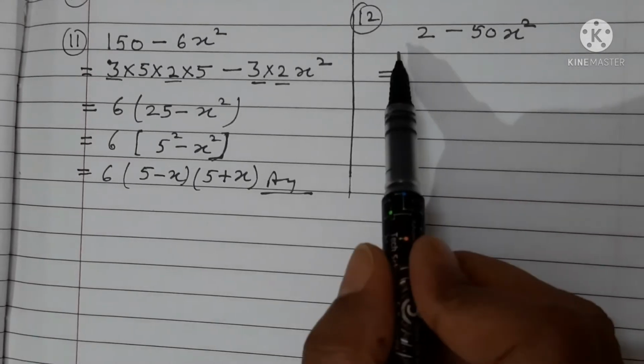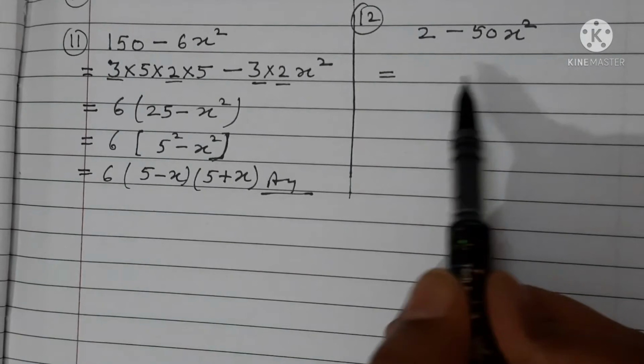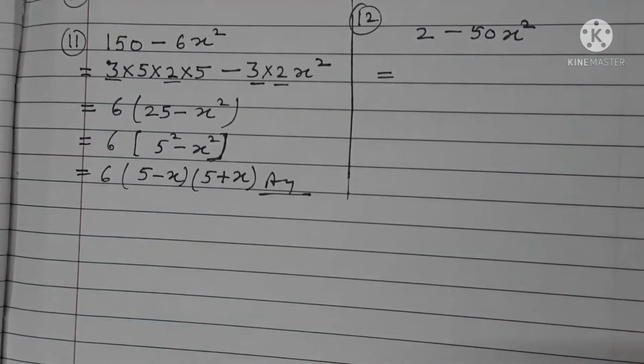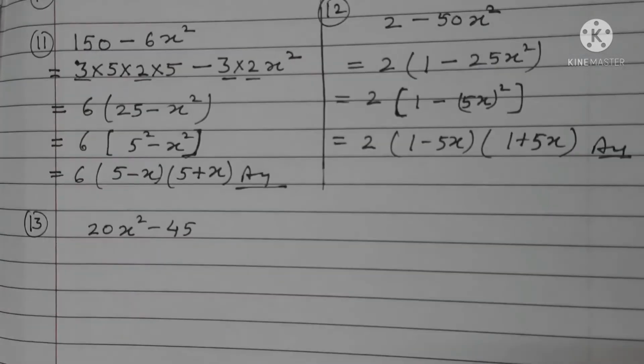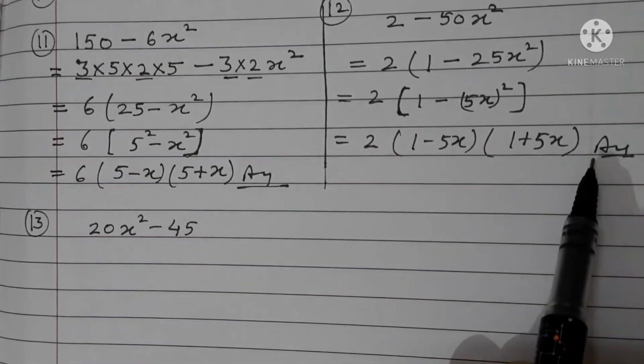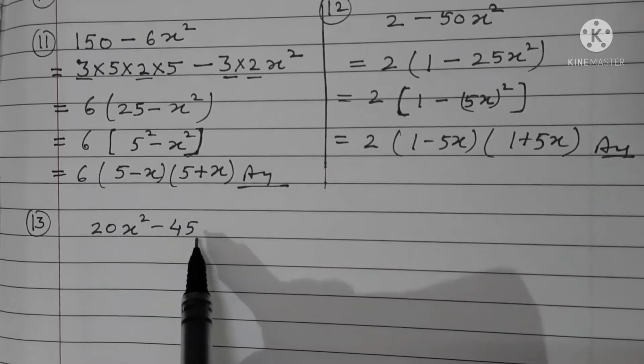Question number 12. First you take 2 common, and in the bracket 1 minus 25x square. Then use the identity with the whole square of each term. See the answer of 12. And next, question number 13: 20x square minus 45.